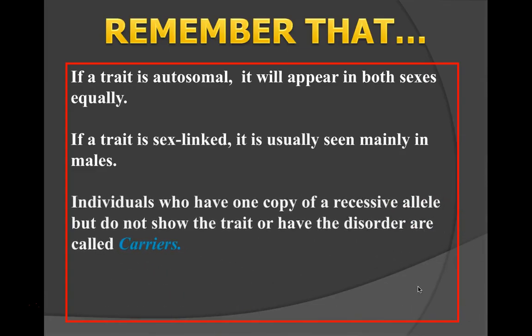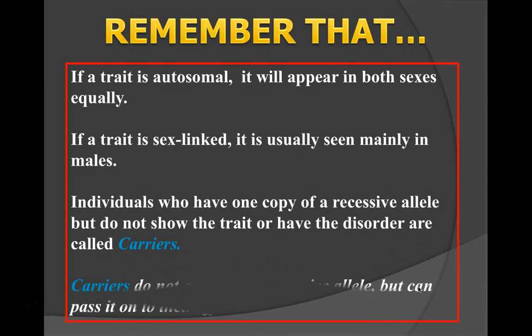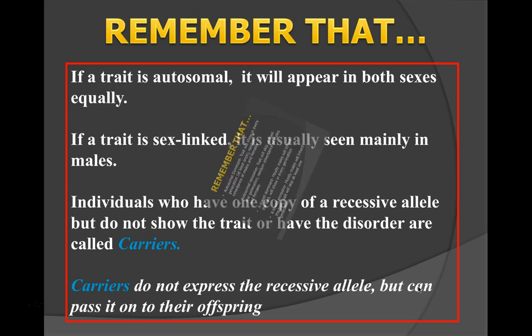If a trait is autosomal, it's going to appear in both sexes equally. If it's sex-linked, it's mainly seen in males, but remember that females can get it. They just need to have 2 copies of the defective gene instead of males who only need 1. So females are most likely carriers if it's sex-linked. If it's autosomal, then it can appear in both males and females.